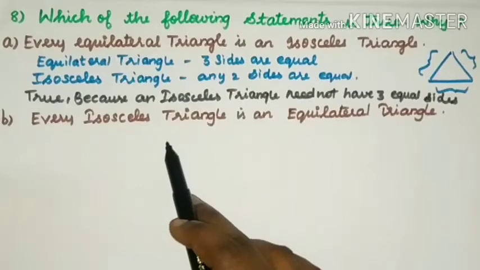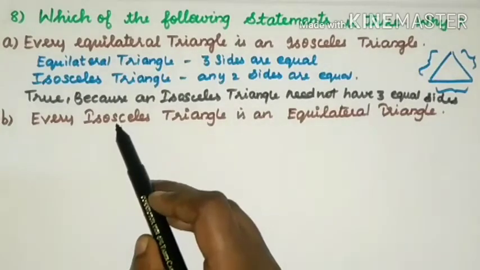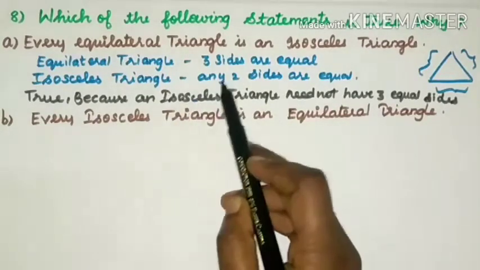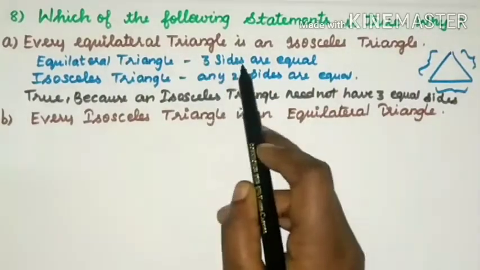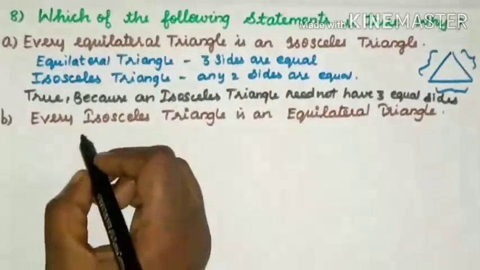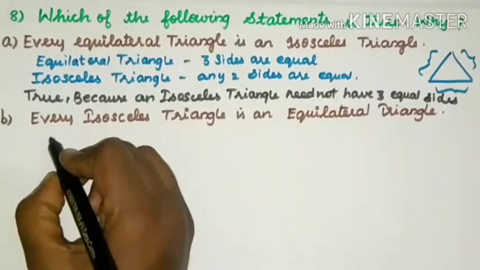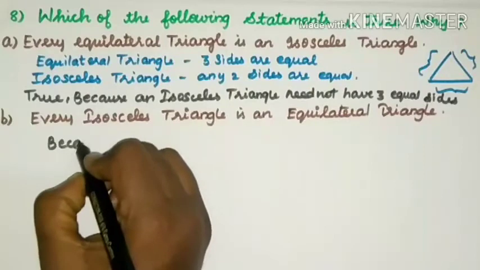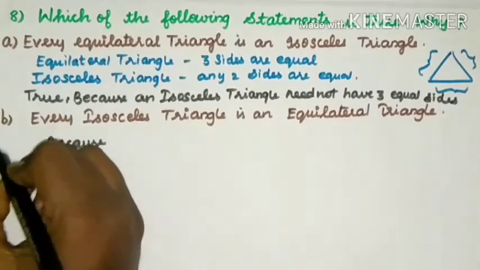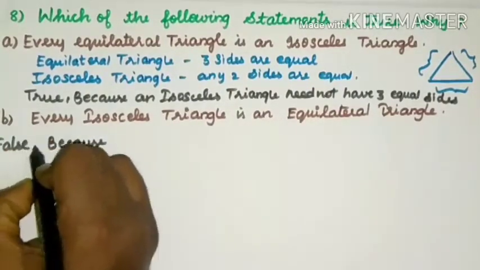B. Every isosceles triangle is an equilateral triangle. It is not true because isosceles triangle means any two sides are equal. Equilateral triangle means three sides are equal. So it is not true. Because it is a false statement.